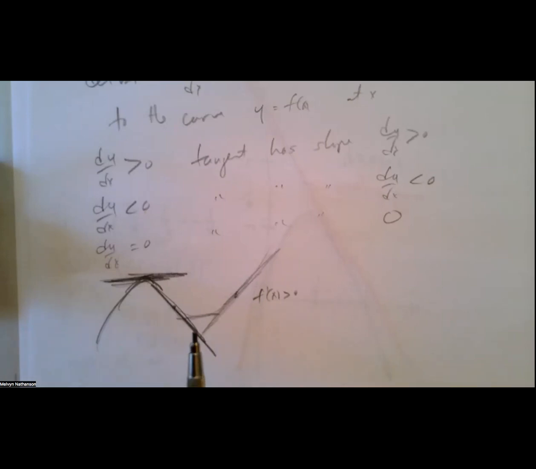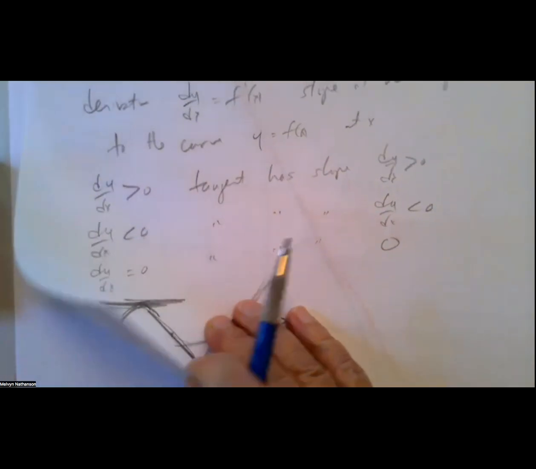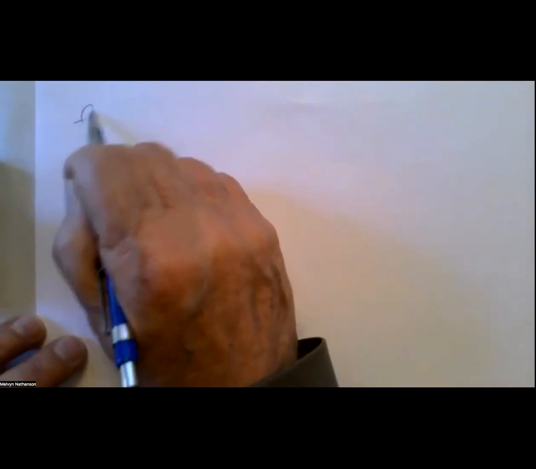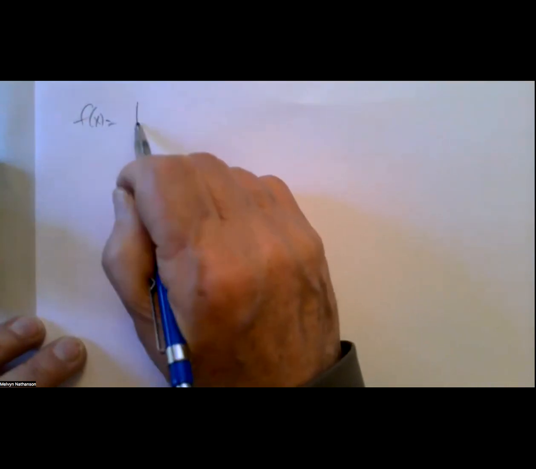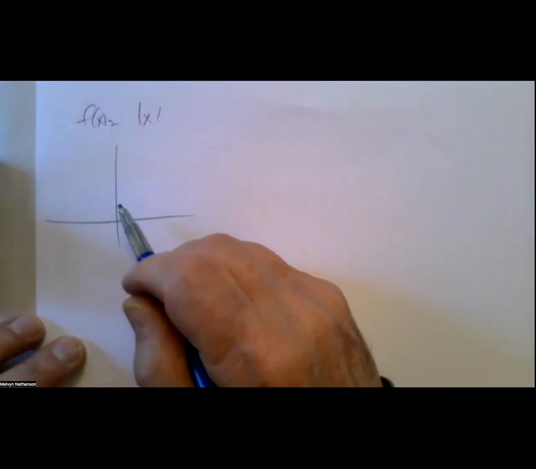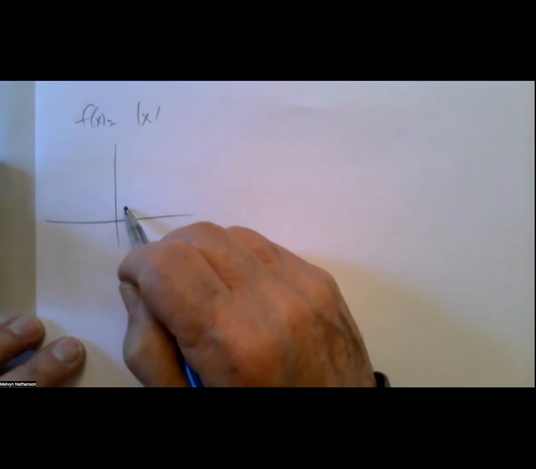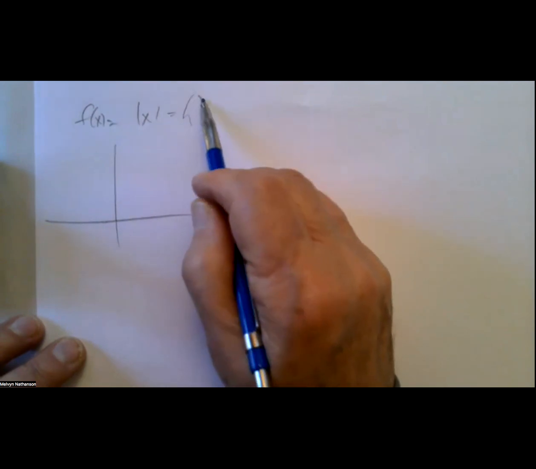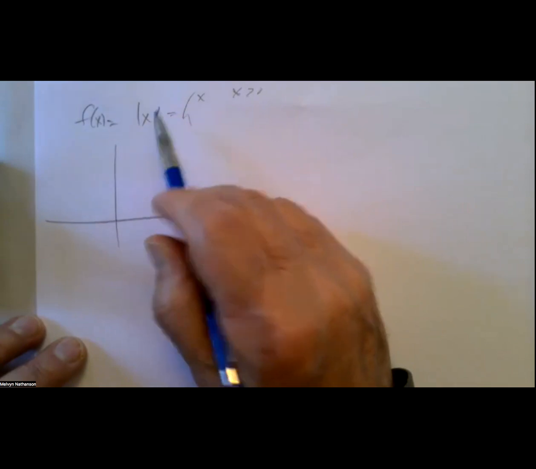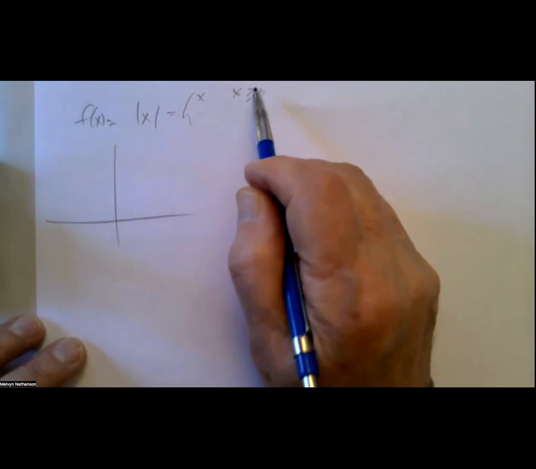Now, it's very important to observe that derivatives don't always exist everywhere. So suppose we take the function f of x equals absolute value of x. So we know what that looks like. When x is positive, absolute value of x is x, or when x is equal to 0.